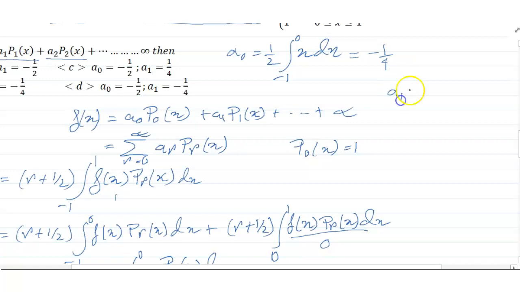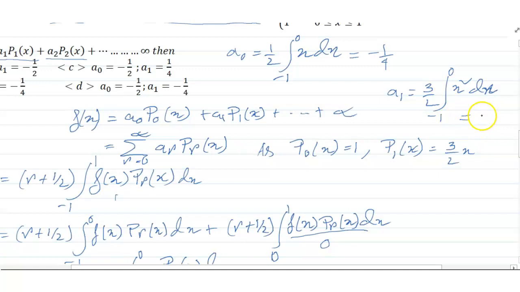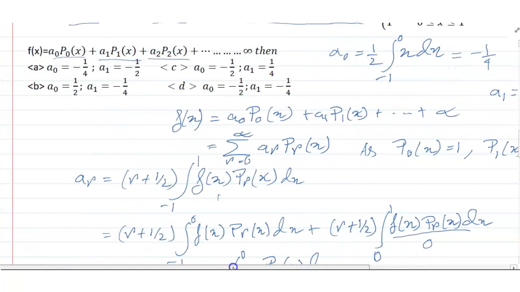And a1 is equal to 3 by 2 integral from minus 1 to 0 of x square dx, as p0x is equal to 1 and p1x is equal to 3 by 2 x, Legendre polynomial formula. So whatever I get this value is 1 by 2. So my answer should be B.